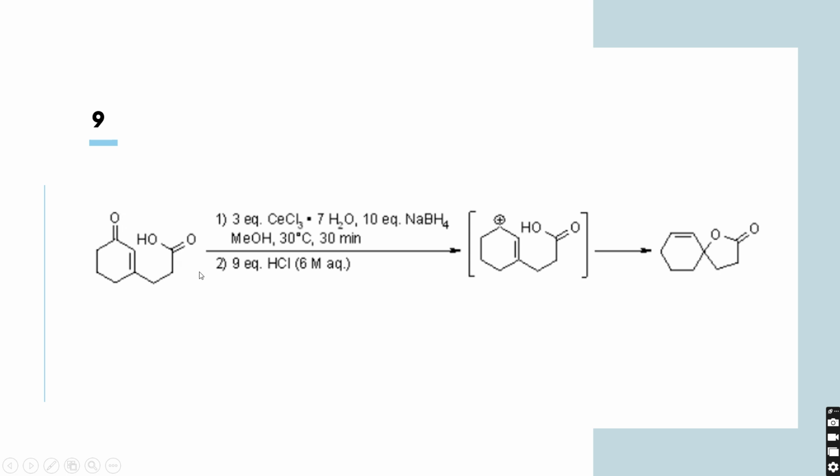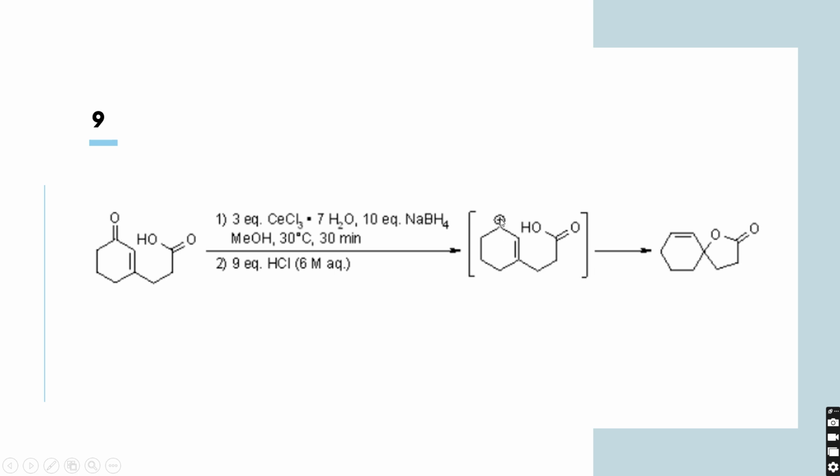Now in the second step you are given 9 equivalents of hydrochloric acid. Strong acidic conditions are given to you. So in presence of acid, what happens? The alcohol that will be generated after Luche reduction will be protonated and water will be removed and you will get a carbocation like this.